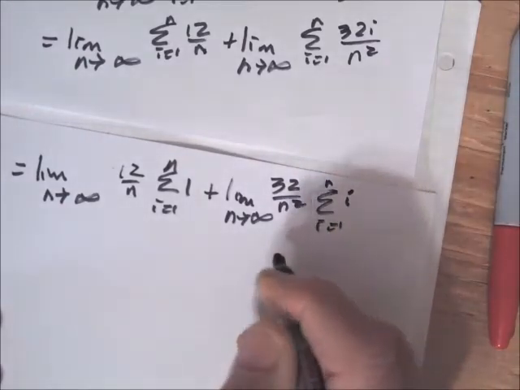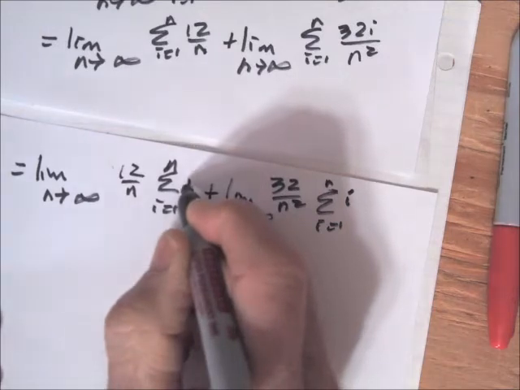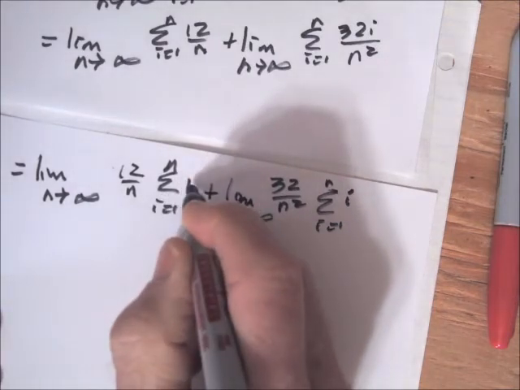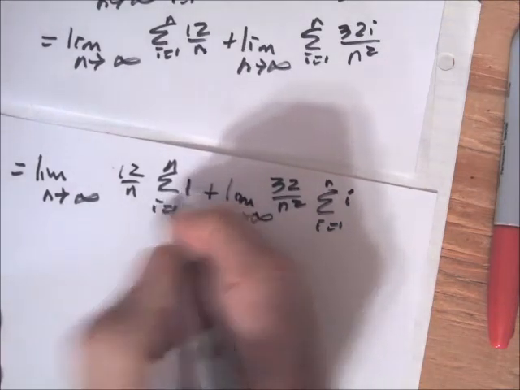And this first sum is just n. It's 1 plus 1 plus 1, et cetera, n times. That's just going to be n.